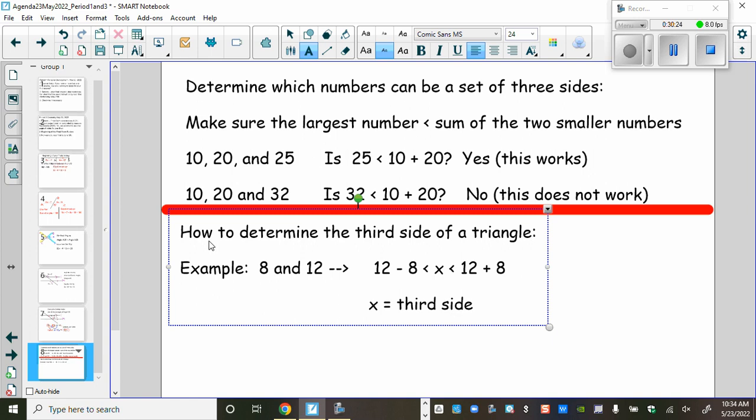So it could be any number between the difference and the sum of your 2 numbers. So that's something to think about. Anybody have questions? So these are things to think about.